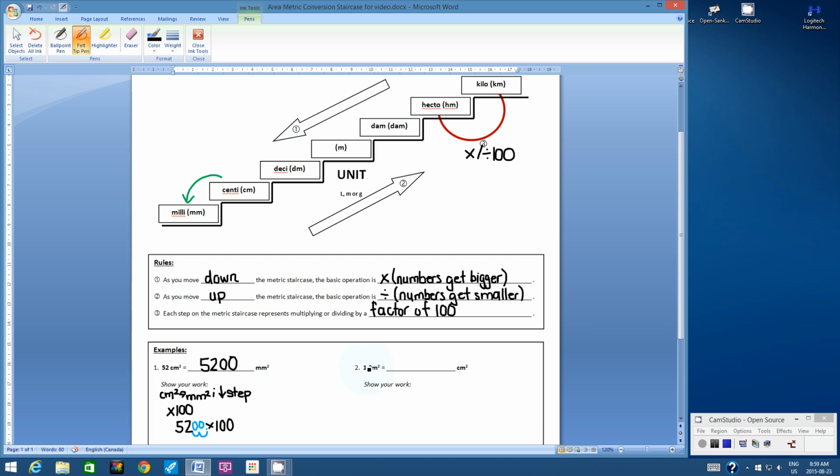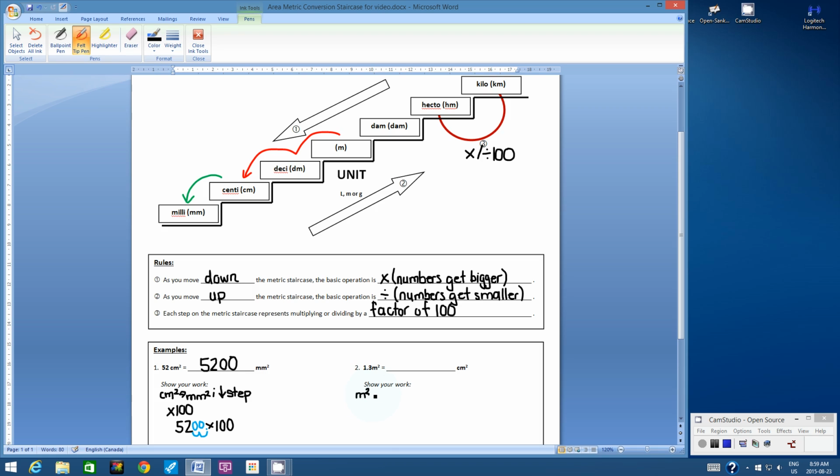Okay, let's go on to question 2. 1.3 meters squared, so we're going to start here, equals how many centimeters squared? Let me use a different color here. We're going to go from meters squared to centimeters squared. Using the first example as a model, let's set up our answer here.